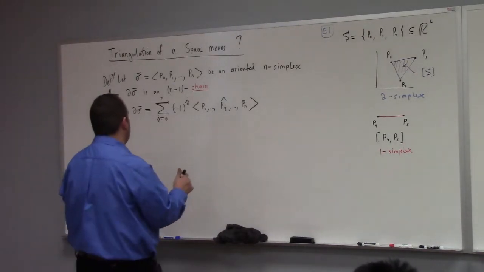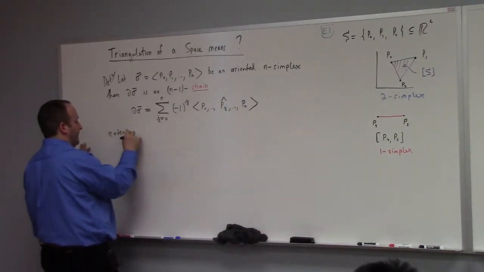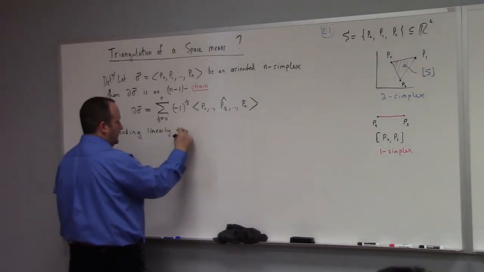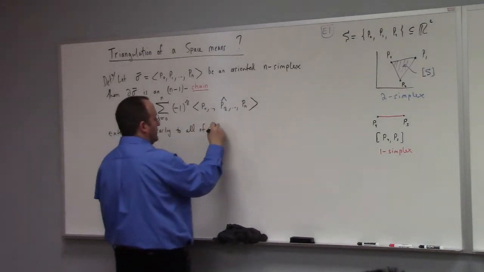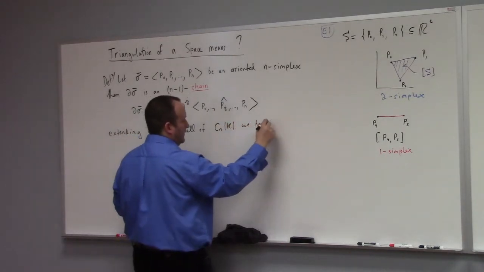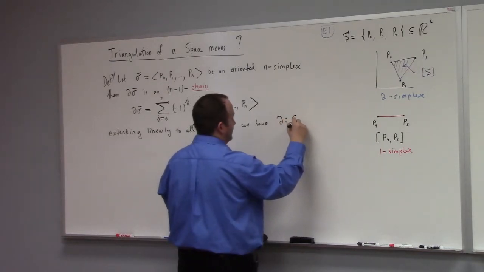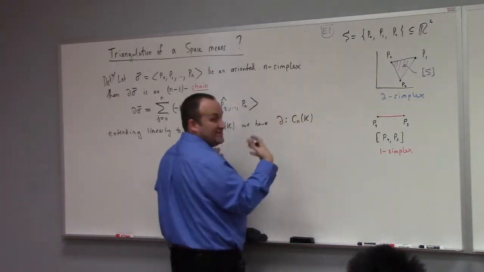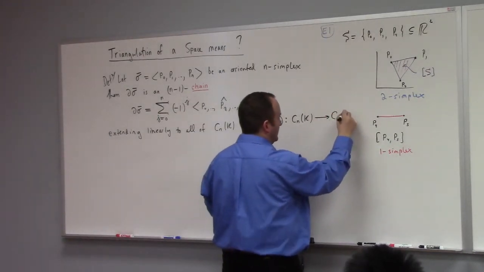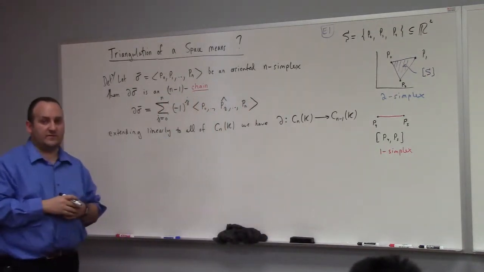And so, extending linearly to all of C_n(K), the boundary map is going from n chains to n minus 1 chains of a given simplicial complex.